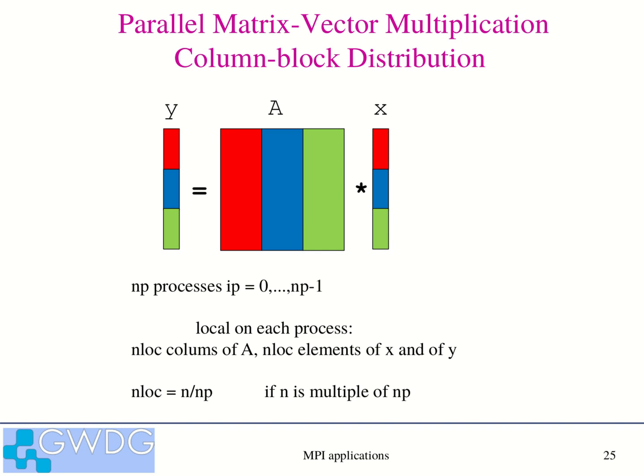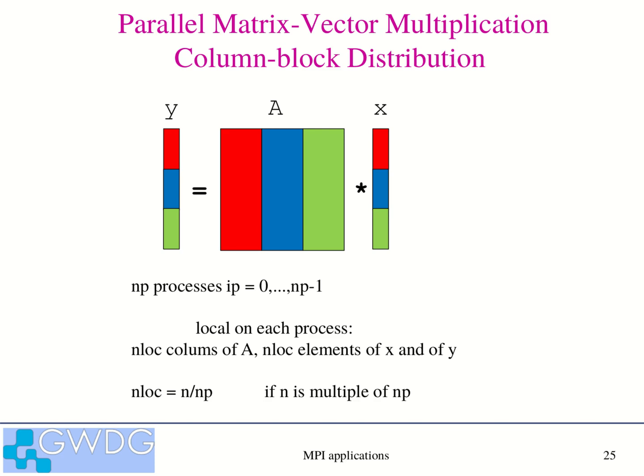This is discriminated by the color in this picture with three processes. Every process has a number of columns equal to the total number divided by the number of processes, if n is a multiple of np. Otherwise, the last process will contain a smaller number of columns.